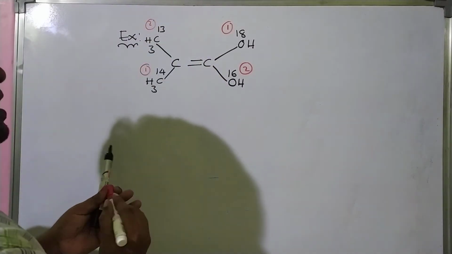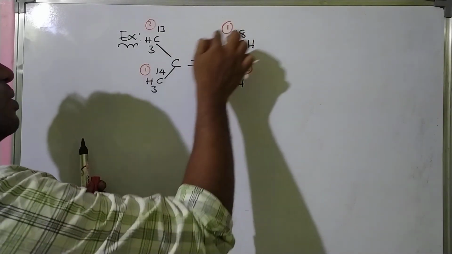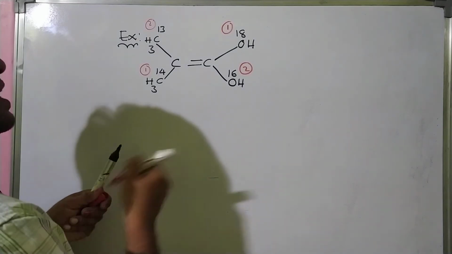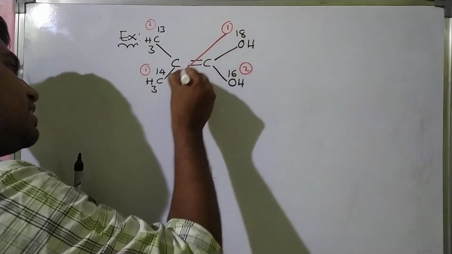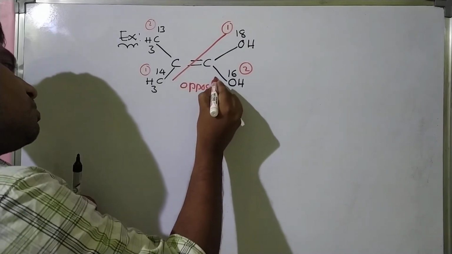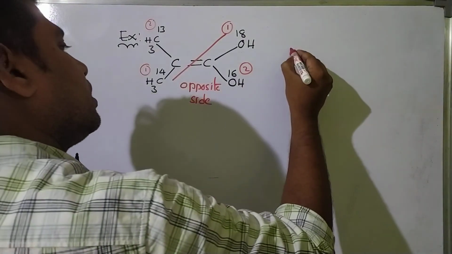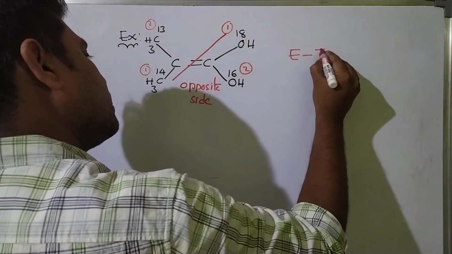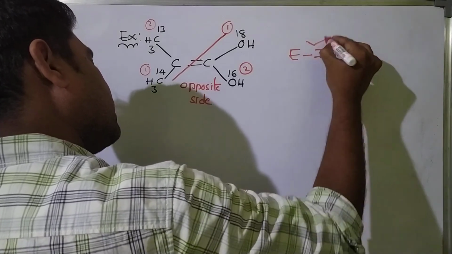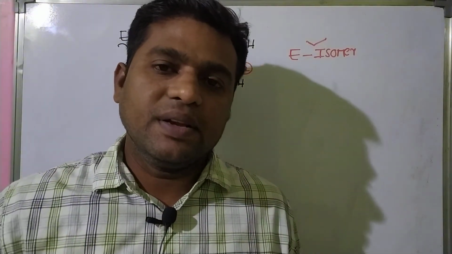Now the first priority groups are on opposite sides. Definitely the isomer is the E isomer. Okay. So very easy concept, easy notation.